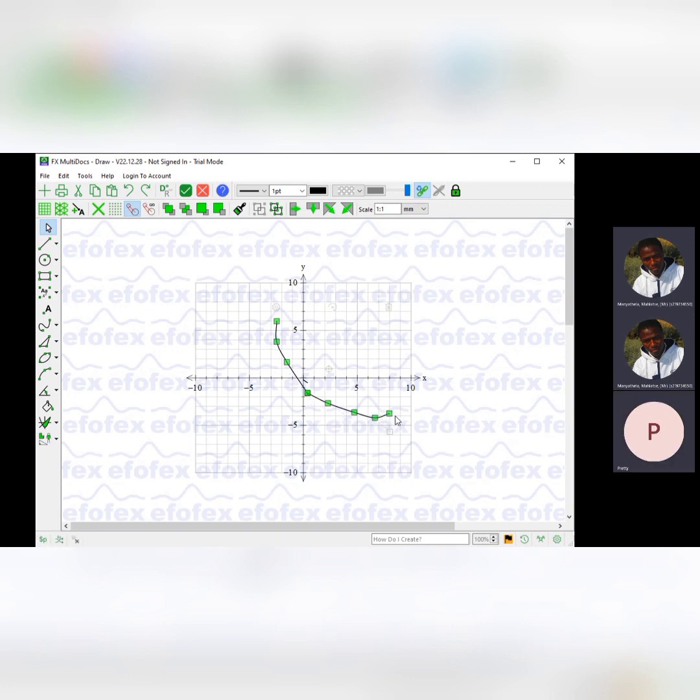Let me take it up. I wanted to move it up a little bit. Yeah, let's just say something like this. But okay, this is -1, -2, -3. So the graph is not supposed to touch -3, meaning that these points I must take them a little bit up. 1, 2, 3. Yeah, it's something like this.